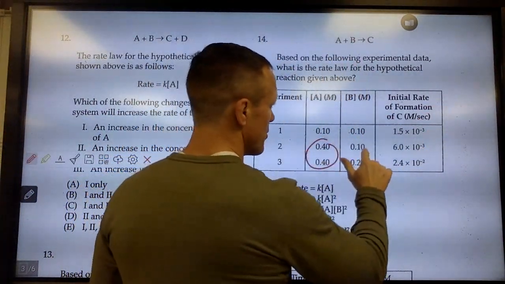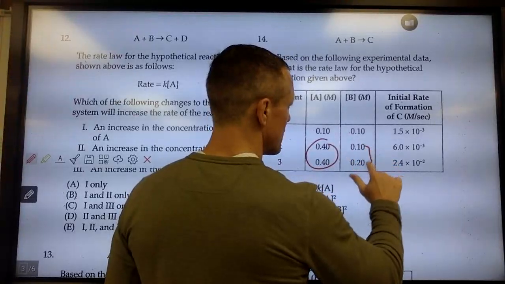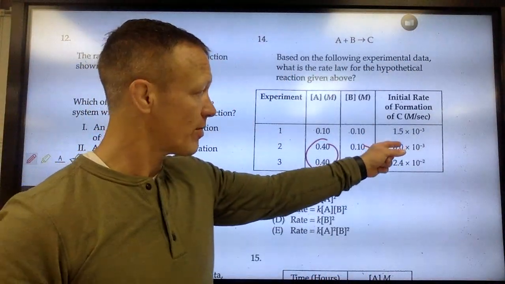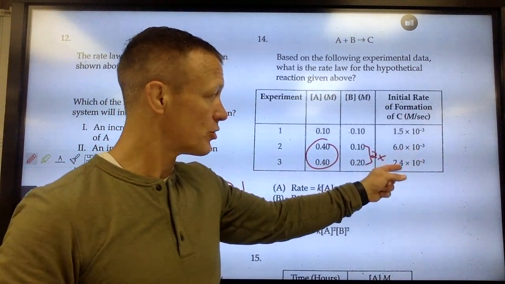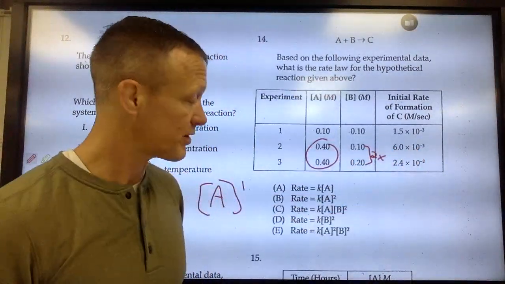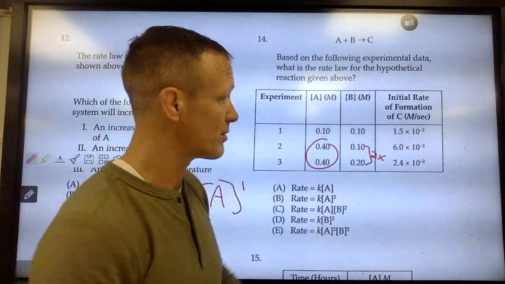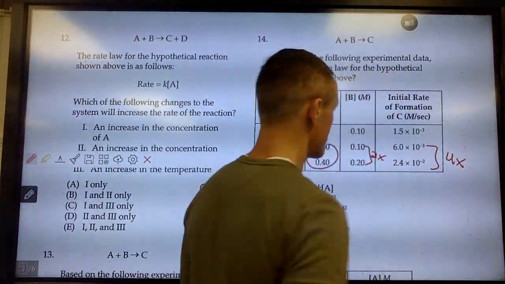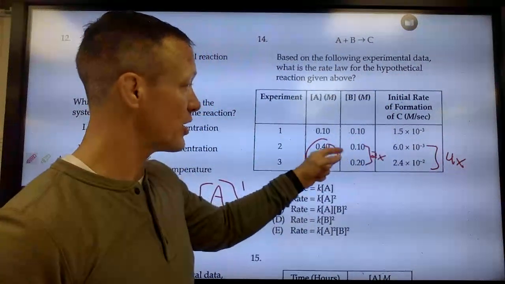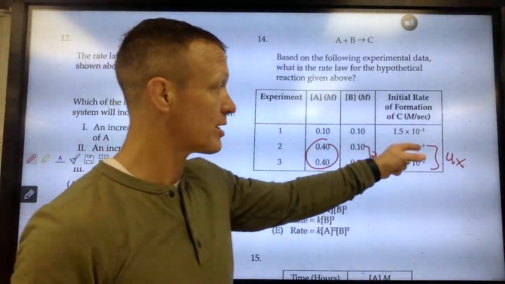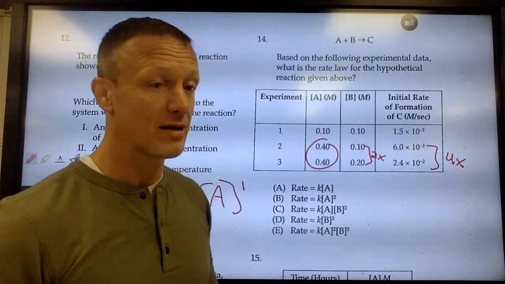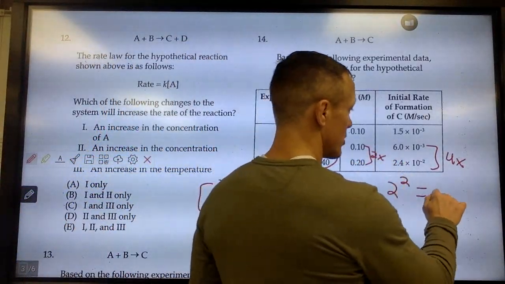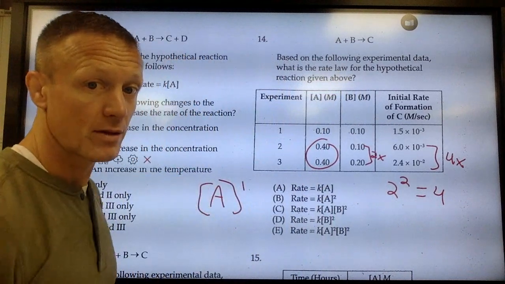Here's where A is not changing. B is going up 2 times. And our rate went from 6 times 10 to the third to 2.4 times 10 to the negative second. That is 4 times higher. So doubling this concentration, when the other one didn't change, caused the rate to go up 4 times. That means this is second order, because 2 to the second power equals 4.